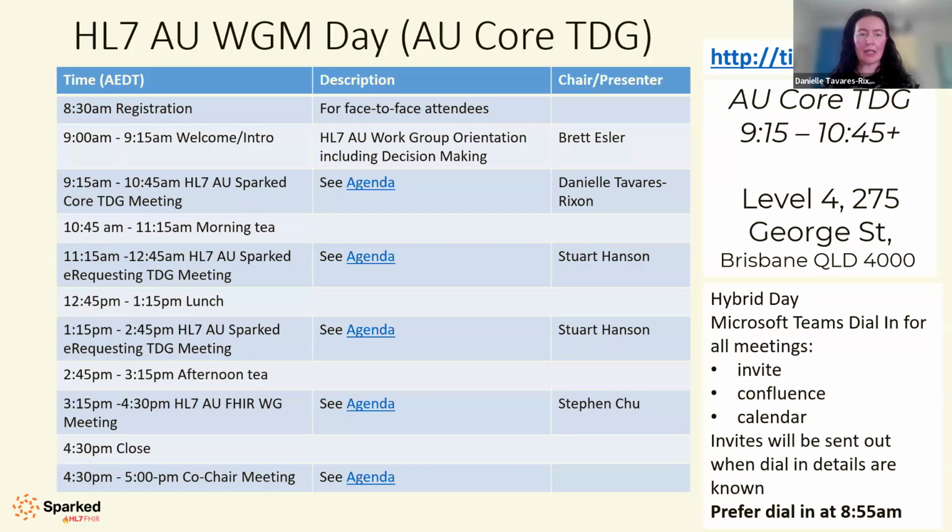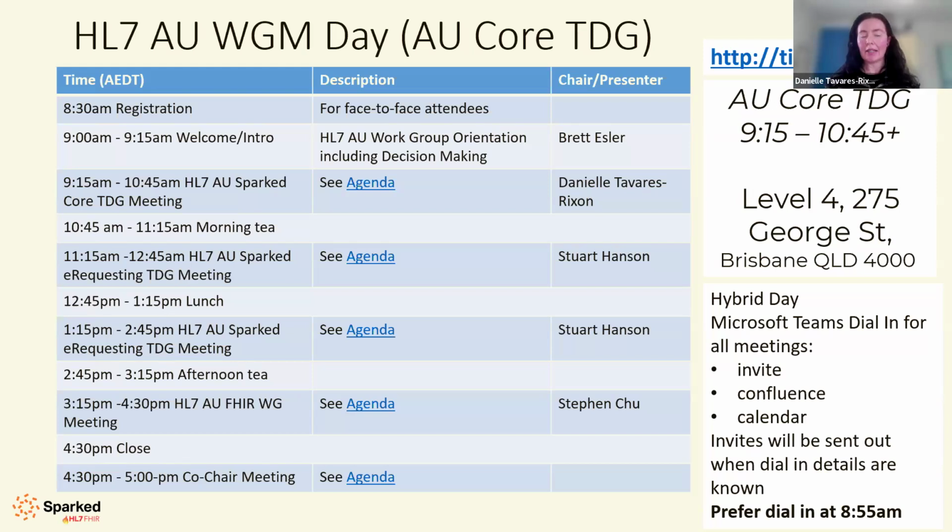And let's talk about the actual work group meeting day. So it's a day for all the work groups under HL7AU to meet, given a face-to-face venue. But that doesn't mean that we're going to have a whole day AU Core meeting.